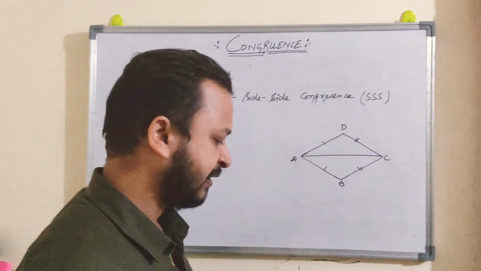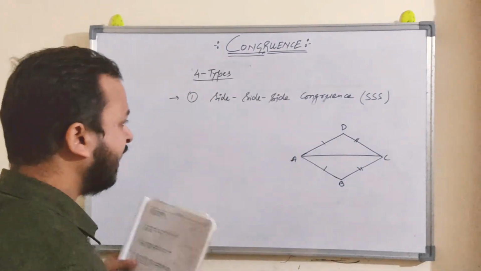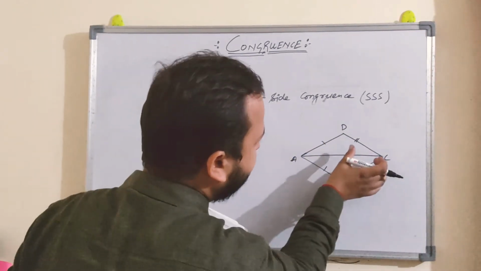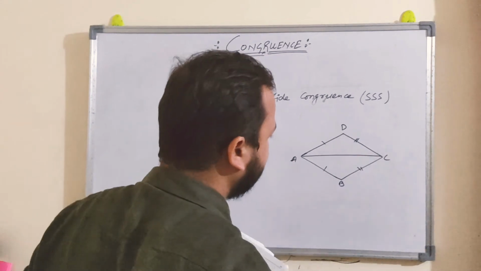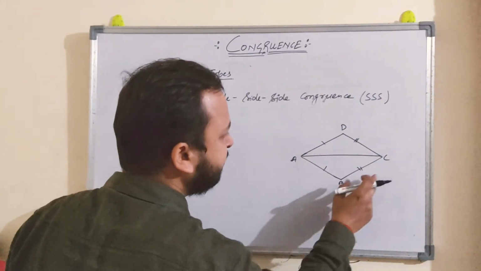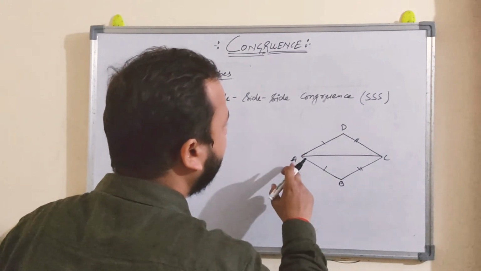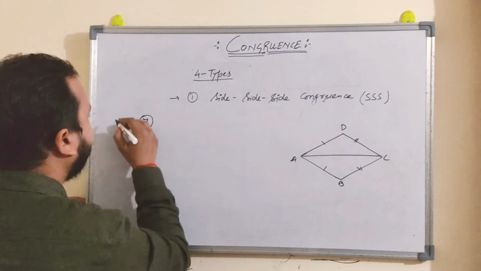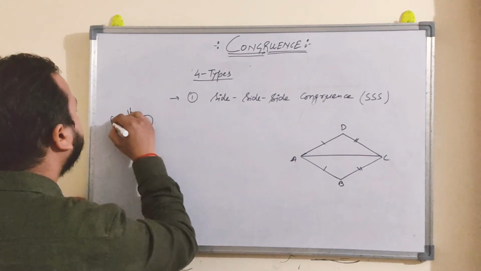The figure is something like this. It is given that AD is equal to AB and CD is equal to CB. We have to prove that triangle ABC is congruent to triangle ADC.